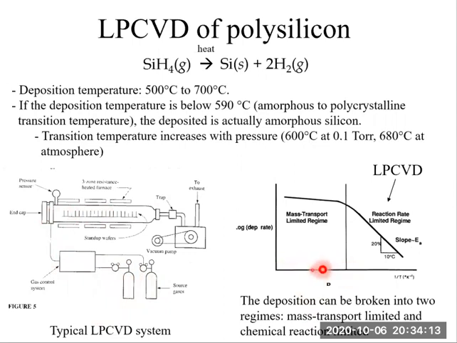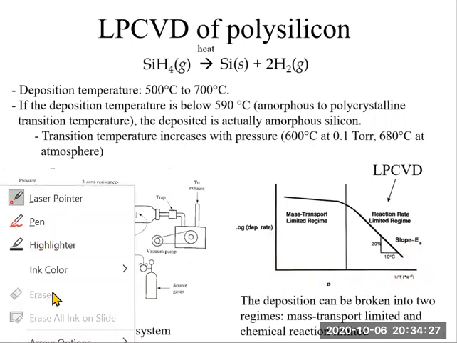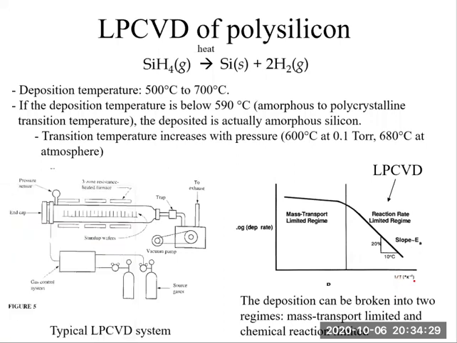This figure on the right plots the deposition rate as a function of temperature. But please note that the horizontal axis is 1 over T, the reciprocal of temperature.